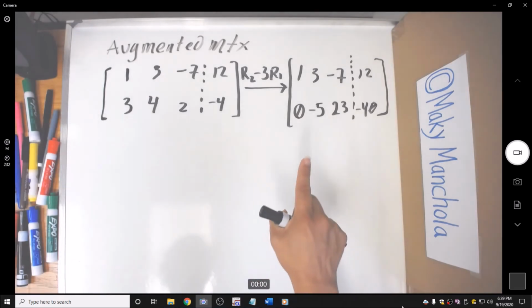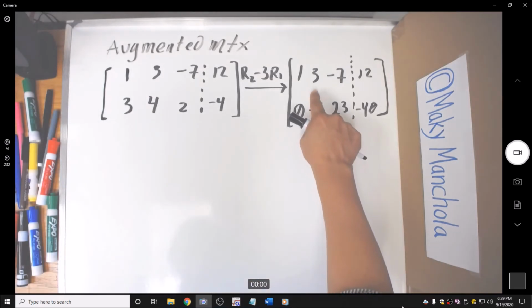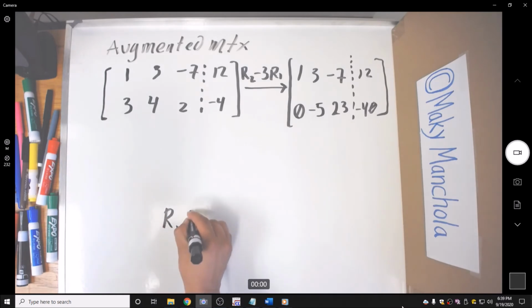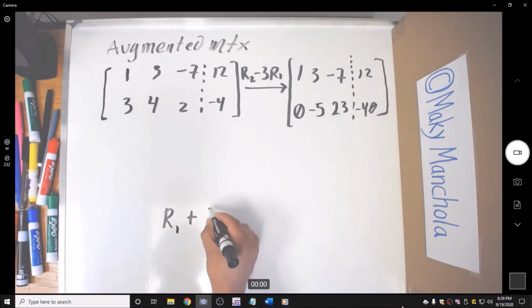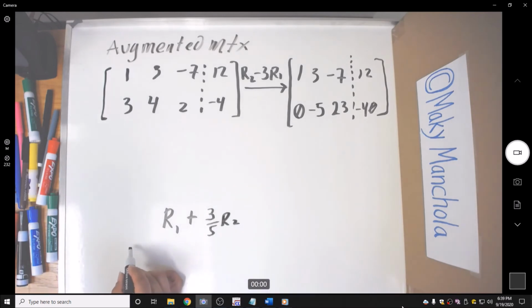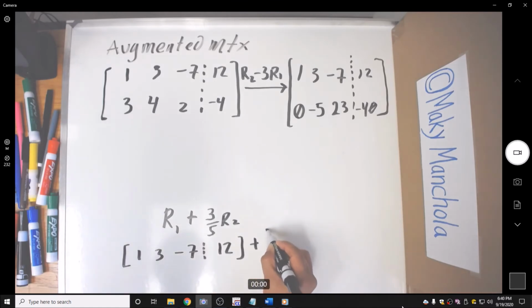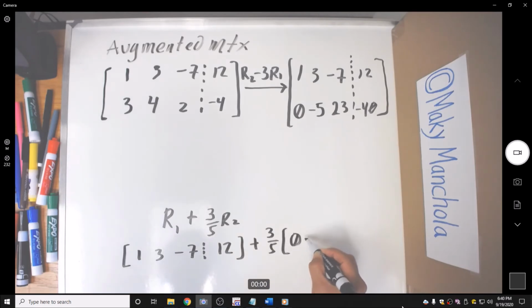What about if I took row 1 and to it add 3/5 row 2. So here we have row 1 plus 3/5 row 2.